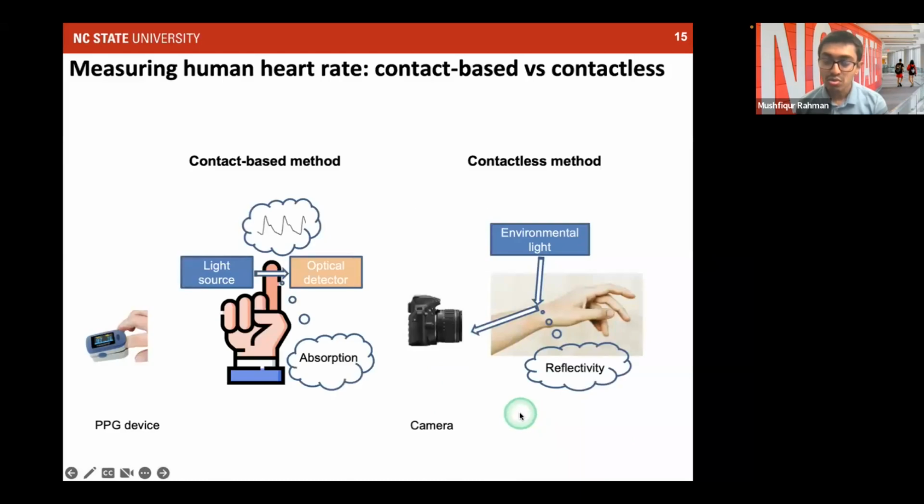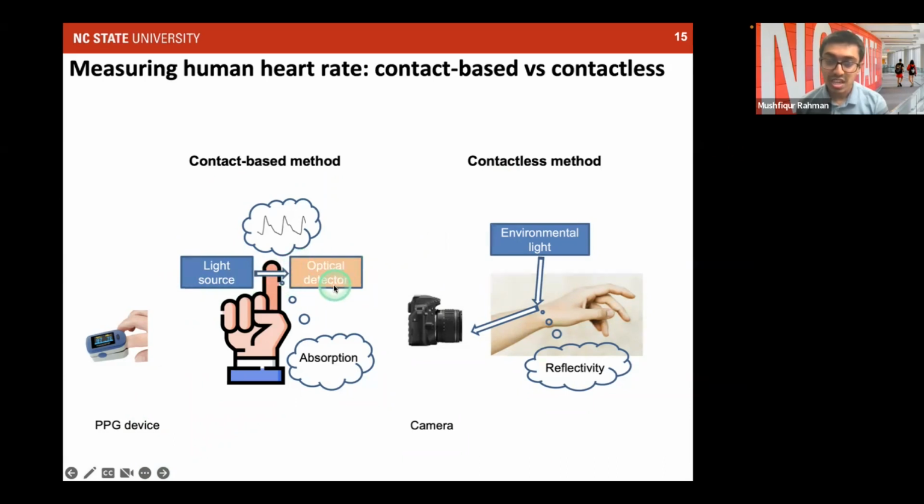Similar to the breath rate estimation, we can also do camera-based heart rate estimation, and we can compare the camera-based method with the contact-based method. In the contact-based method, we generally use a device such as a PPG device. On one side, a light source passes light through the human finger, and this is detected by the optical detector on the other side.